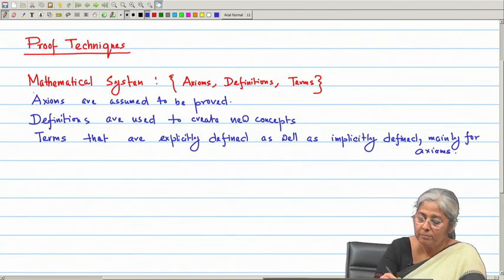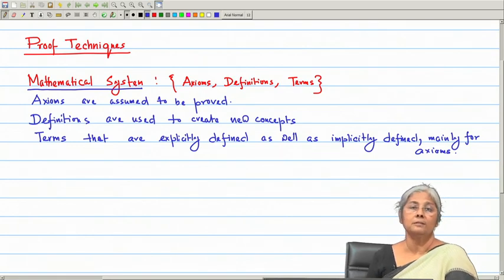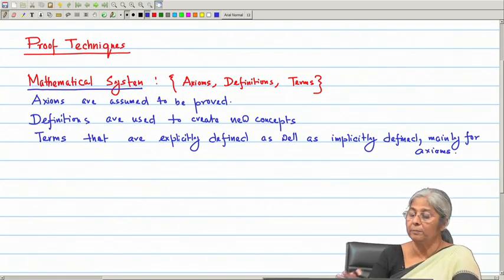So, we define a mathematical system mainly by these 3 parameters.